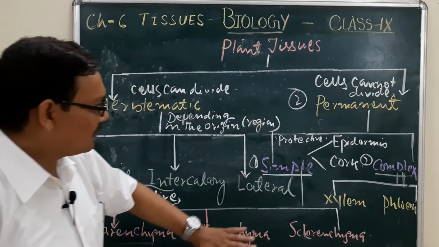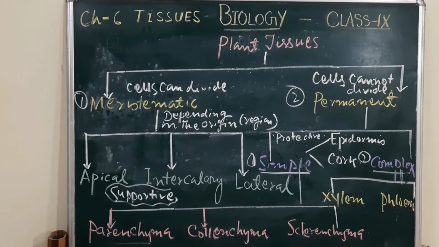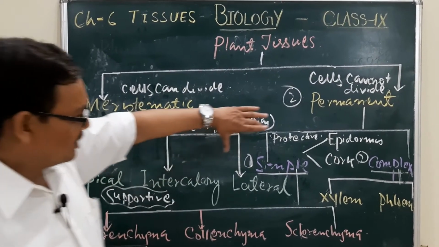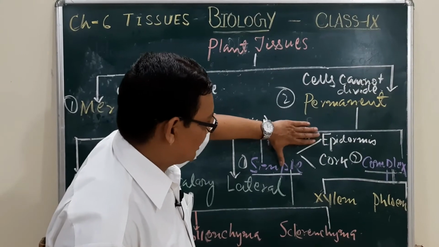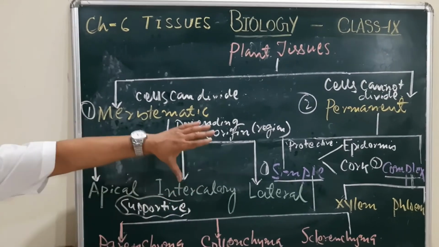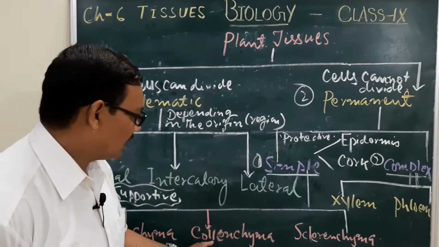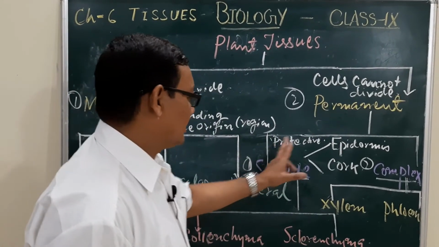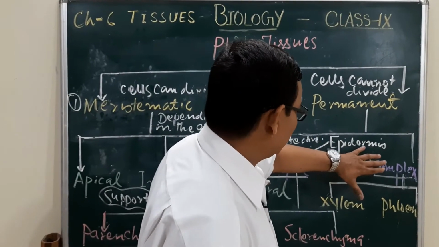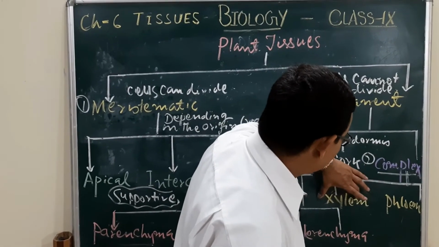And the simple again, depending upon the two basic functions in the plant, is the supportive function and the protective function. So depending upon the supportive function, the simple permanent tissue is divided into three types: parenchyma, collenchyma, sclerenchyma, and depending on the protective function, it can be divided into epidermis and cork. The complex tissue is divided into xylem and phloem.